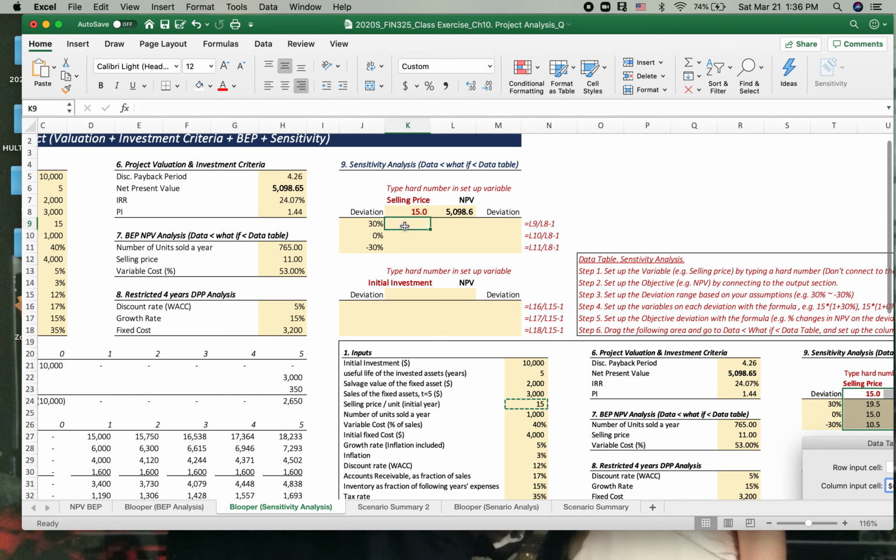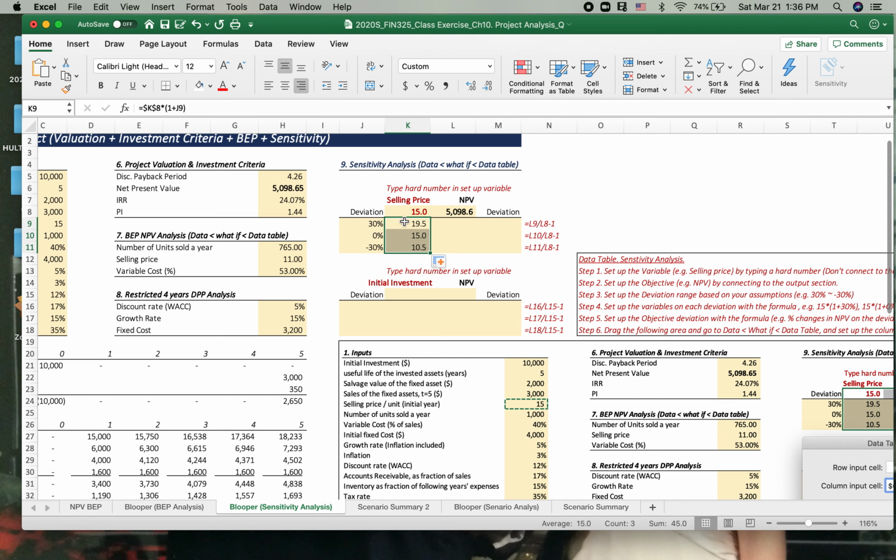Now, how do we set up the formula? $15. Okay, $15 times 1 plus 30%. So let's make it simple. I fixed the selling price, and then let's drag down.